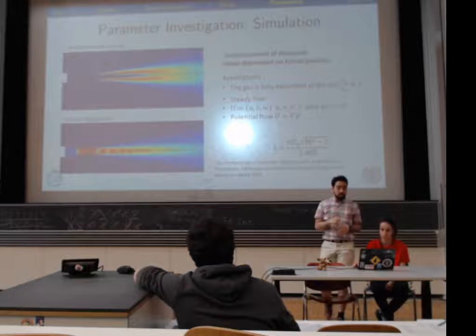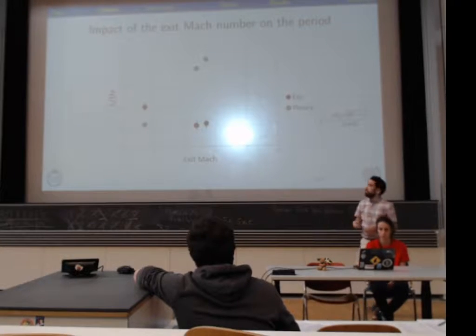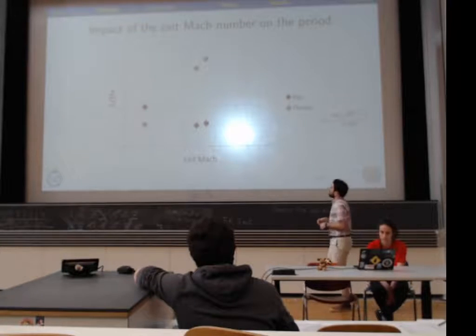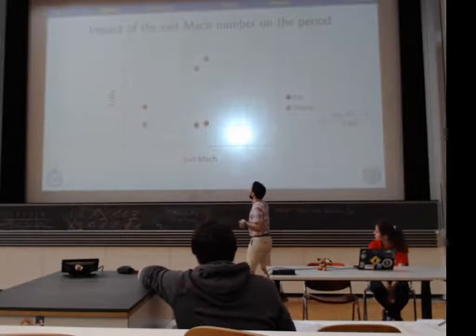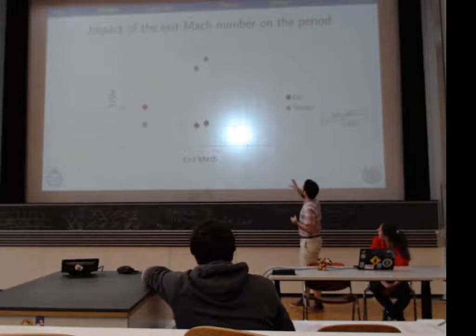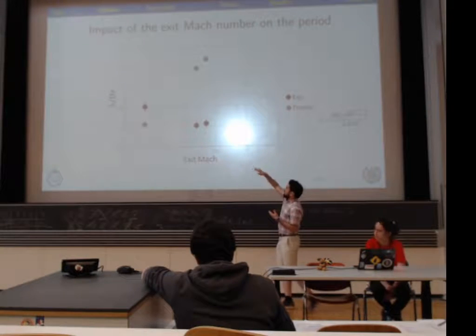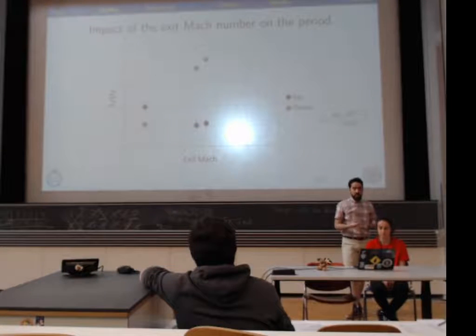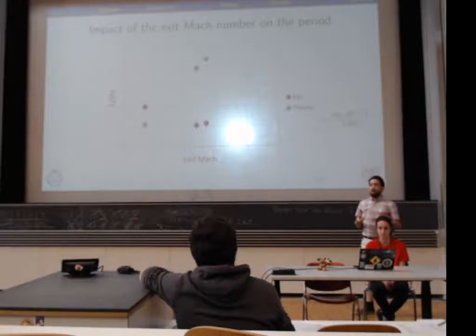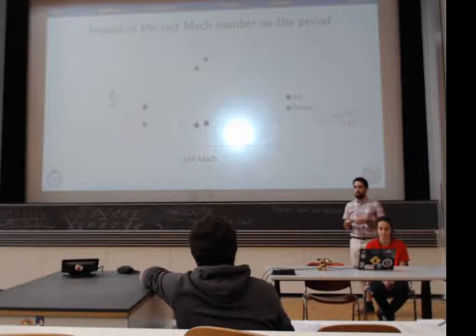However, when calculating the exact Mach number, experimentally we found that the ratio between the diameter and the period doesn't vary a lot with regard to the exact Mach number, but the theory gives us a different variation. We suspect that the viscosity of the fluid is very prominent.